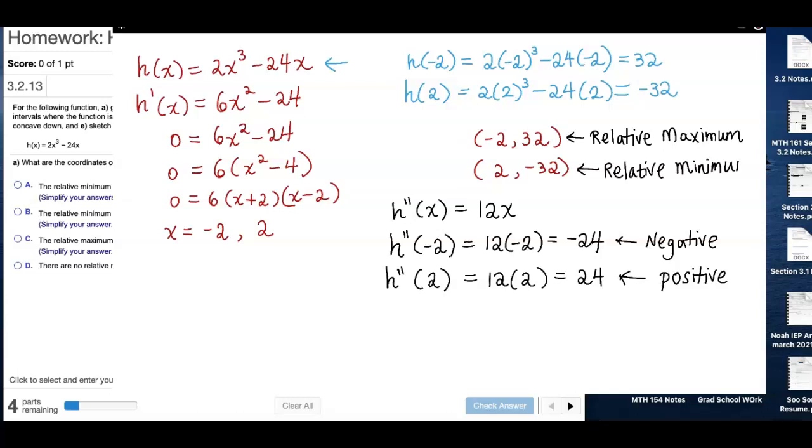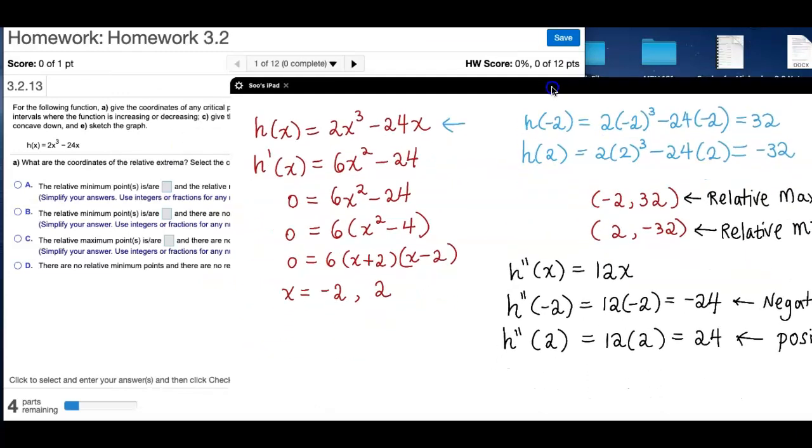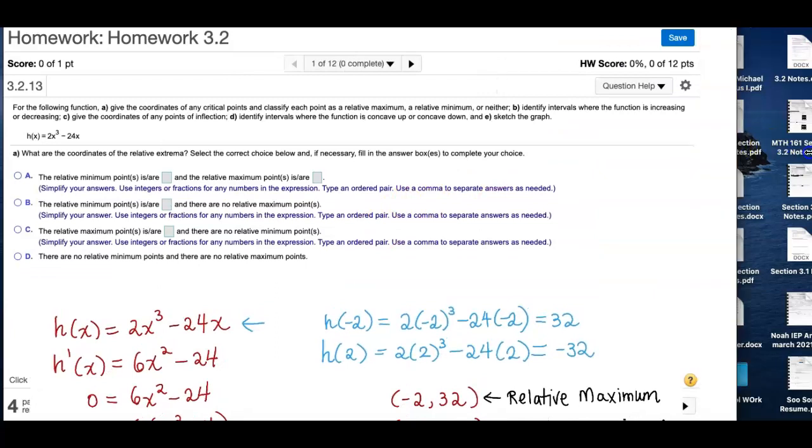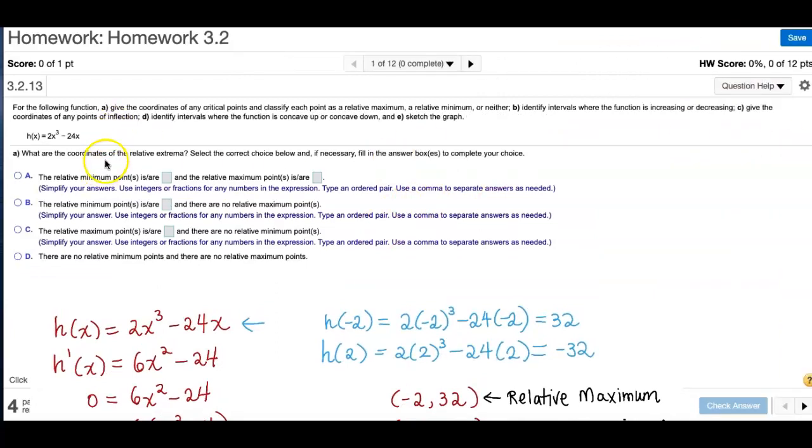All good. So now I'm going to go to my MyMathLab and type these answers, okay? So it says, what are the coordinates of the relative extrema? Select the choice below, and if necessary, fill in the box. Okay.